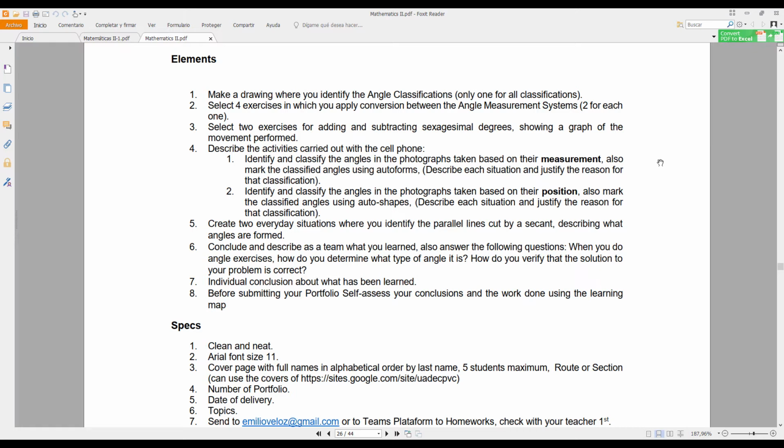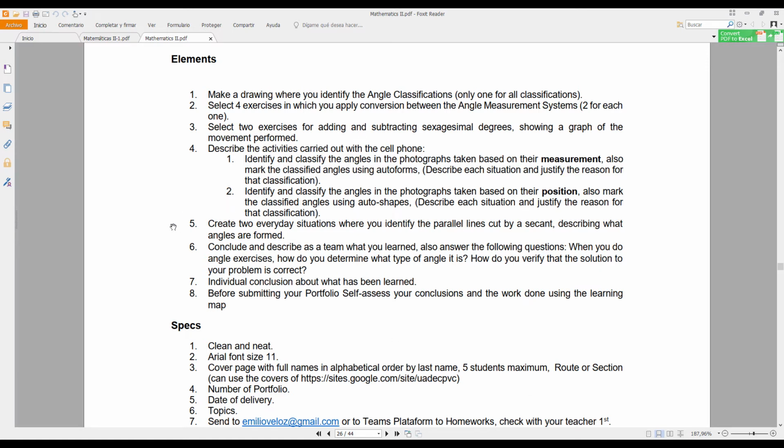But if we are in an online situation, you did that activity using your cell phone, but you take pictures in your home. You only copy that activity here, but you need to identify the first ones by their measurement, and the second by their position.